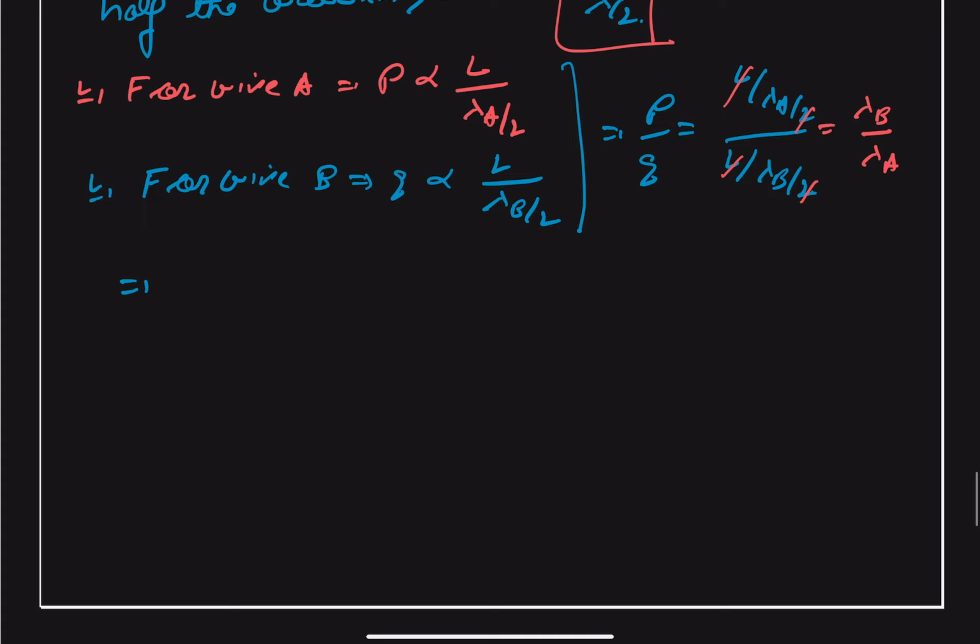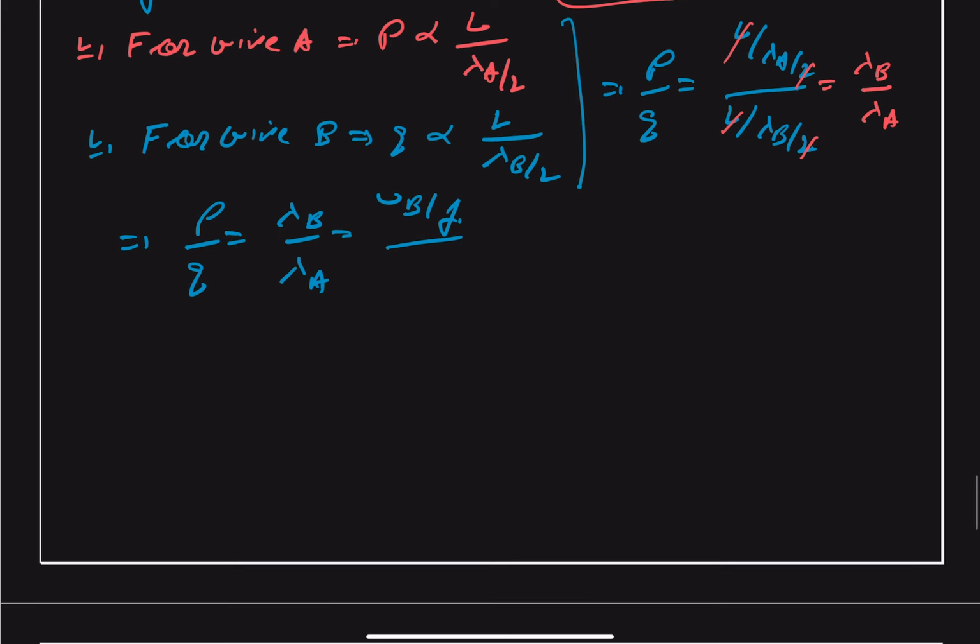So P upon Q is lambda B upon lambda A, and lambda B is VB by frequency f, and lambda A is twice VB upon frequency f. So now VB and frequency cancel out, and this comes equal to 1 upon 2.